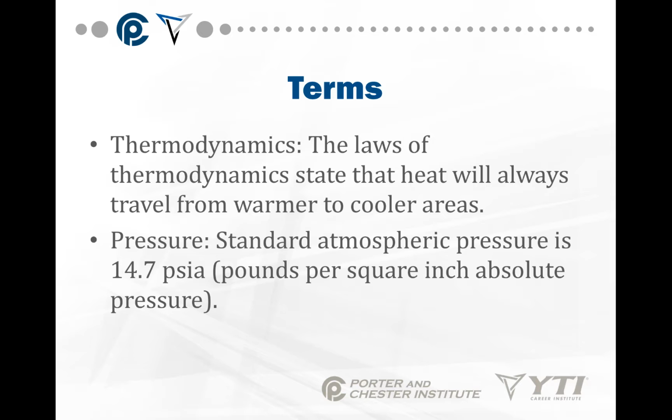Pressure. Okay, we've got to talk about pressure. Standard atmospheric pressure is 14.7 psia, pounds per square inch absolute. That's an important number you need to remember because everything we do with gauge pressure, with building pressures, is built on that standard atmospheric pressure of 14.7 psia.